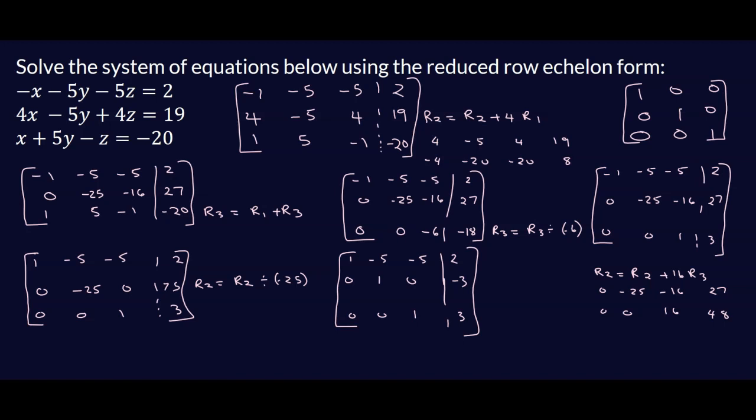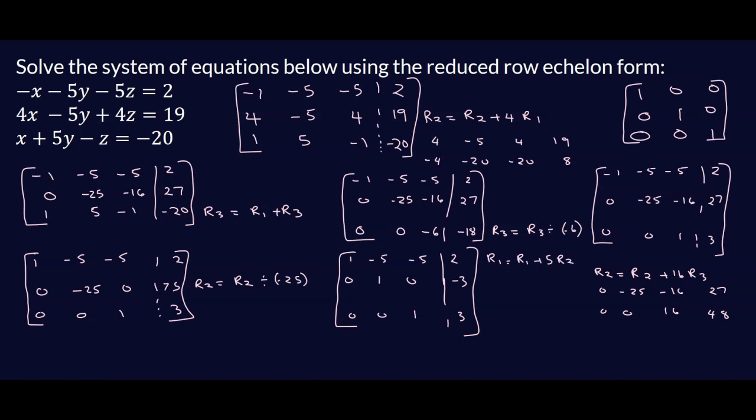So the next thing we're going to do is deal with this -5 right here. I'm going to say row 1 is equal to row 1 plus 5 row 2.